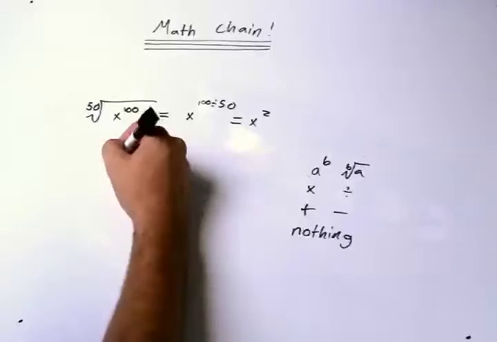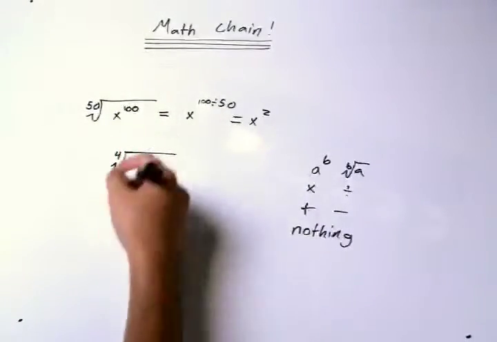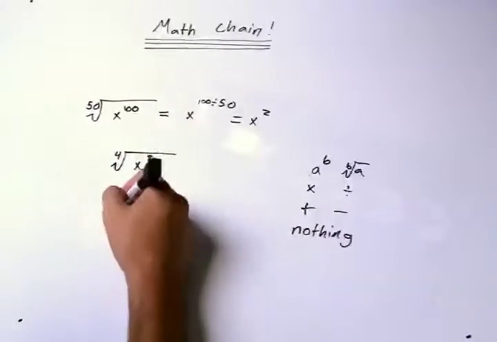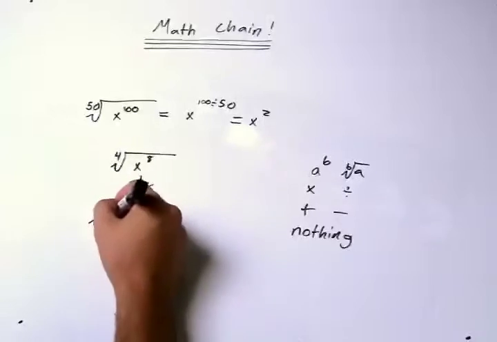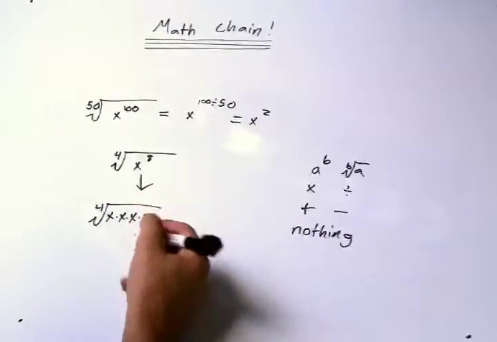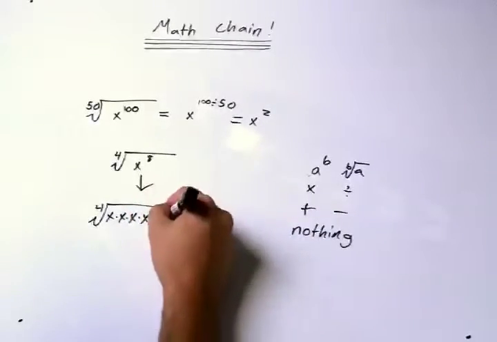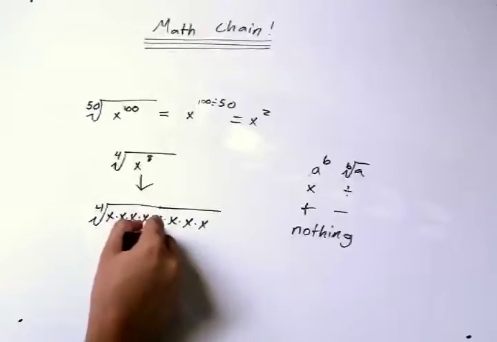Just as a little proof, let's say I want the 4th root of x to the 8th. Well, I can expand that to say the 4th root, meaning sets of 4 of x times itself 8 times. Once, twice, 3 times, 4 times, 5 times, 6 times, 7 times, 8 times. 1, 2, 3, 4, 5, 6, 7, 8.